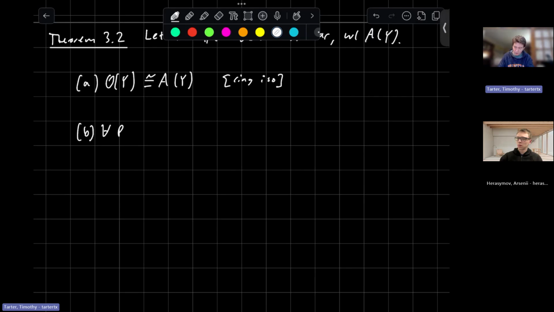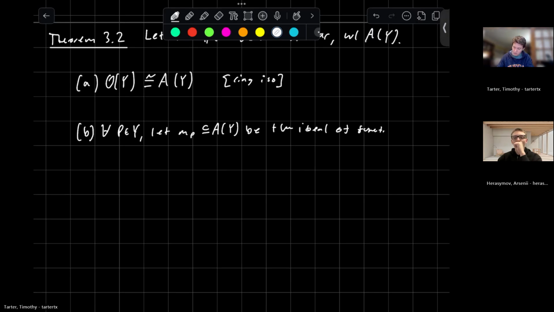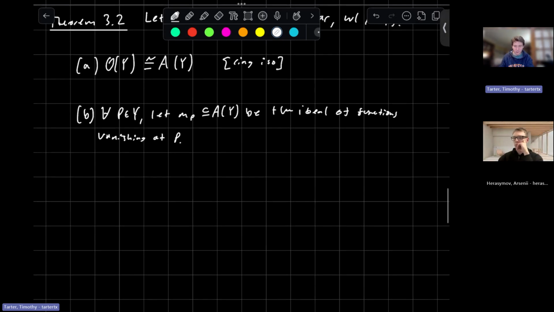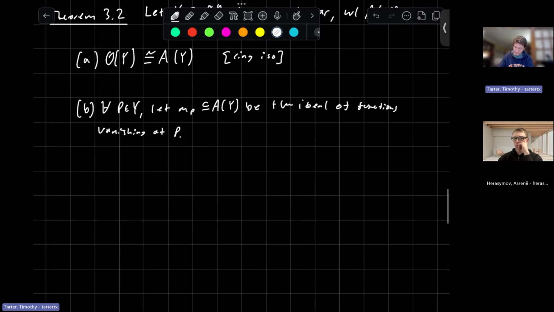Part B: for all points P in the variety, let MP, contained in the affine coordinate ring, be the ideal of functions vanishing at P. Again, this is this idea of localization that I talked about earlier.